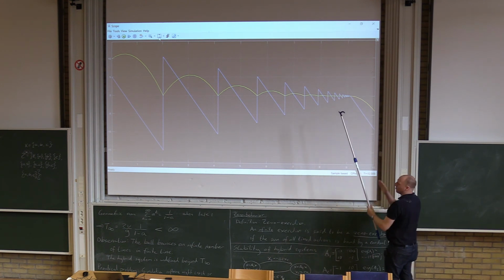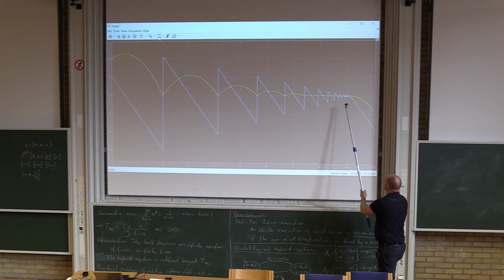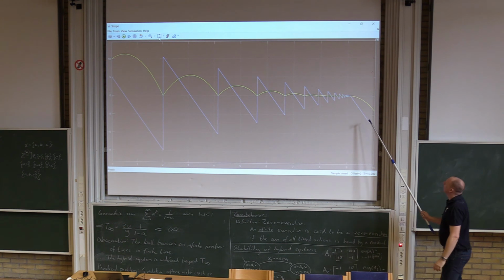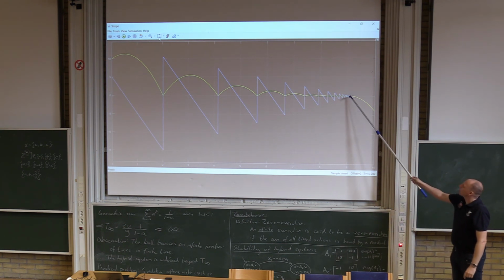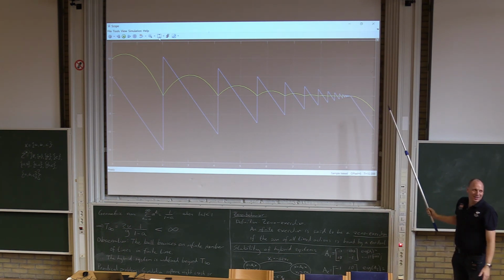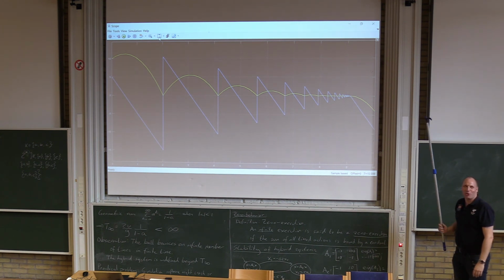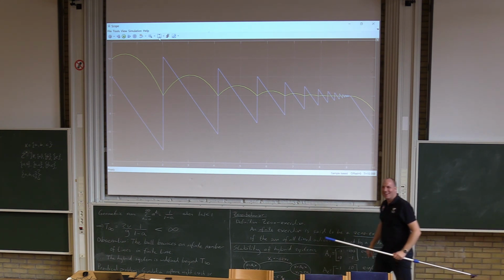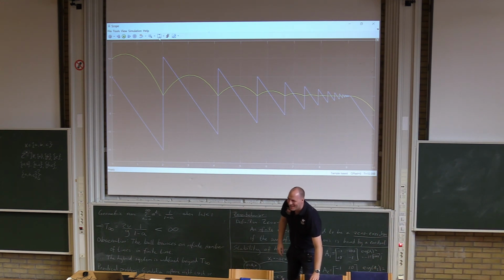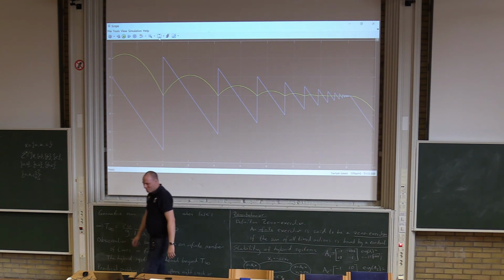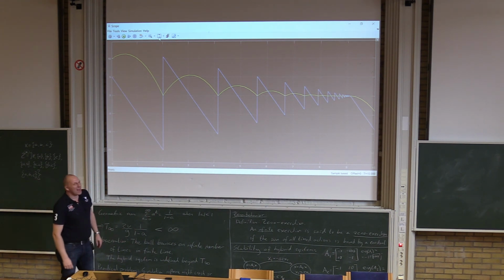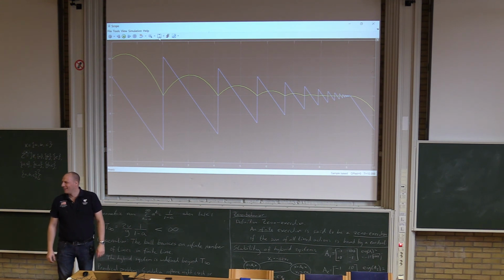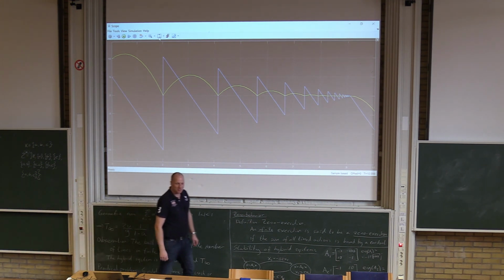So we'll have shorter and shorter time between the bounces, but then at some point, what happens with the height? It will just fall through the floor, right? Is this what you expected? So what happened here? Why did it do this?